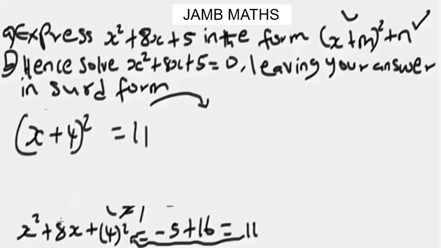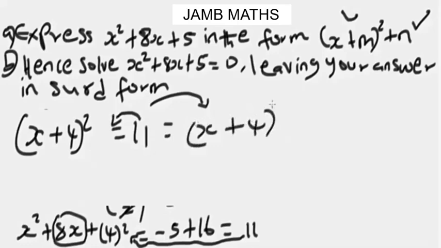At this juncture, you will not need this 8x again. When this 11 further crosses over to negative 11, it's going to give us (x plus 4) squared minus 11, to be expressed in this form.